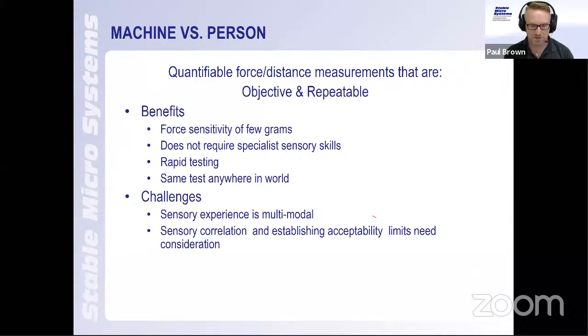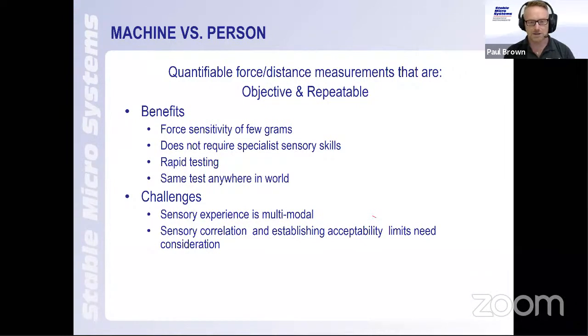The advantage of the Stable Microsystems texture analyzer is that it doesn't have a bad day. It doesn't not sleep. It doesn't have a really horrible journey to work in the morning, so you're not in a very good mood because you spent 2.5 hours in a car stuck in traffic jams.